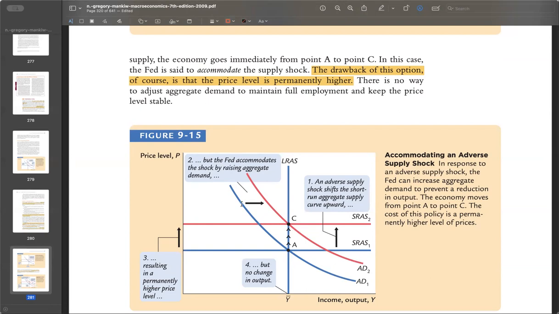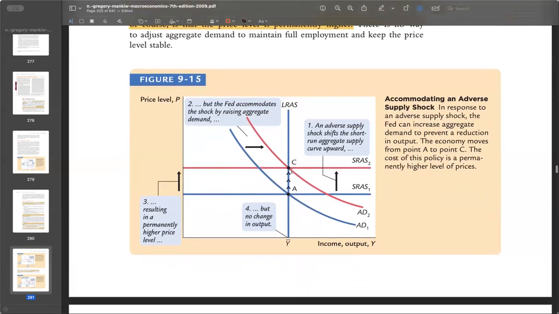What will happen is that there's an accommodative expansion in aggregate demand, say by expansionary monetary policy. Aggregate demand will shift to the right, and instead of Y being less than Y bar and slowly inching toward Y bar, it will jump directly to its old level. But the only problem is that this new price, SRAS2, is now consistent with the long run, and that's why there's a permanently higher price level, which is the effect.